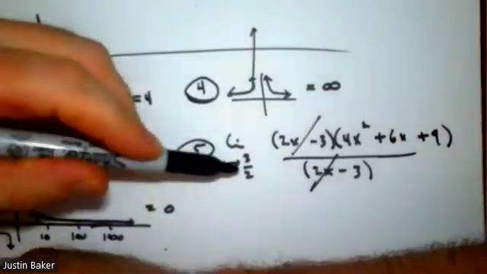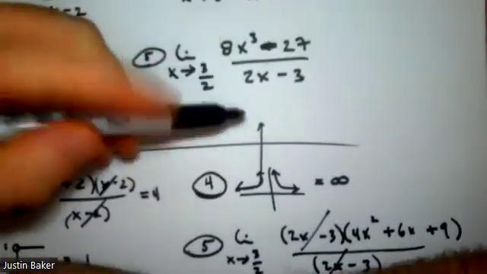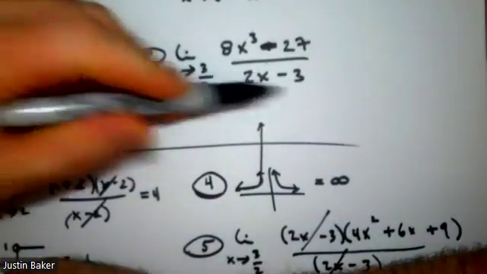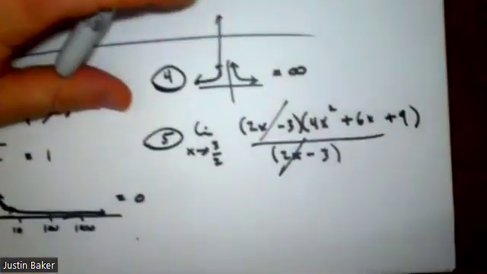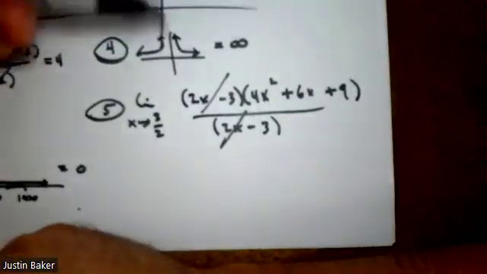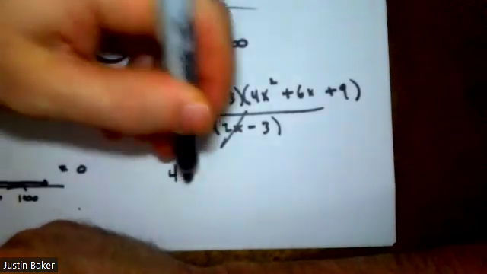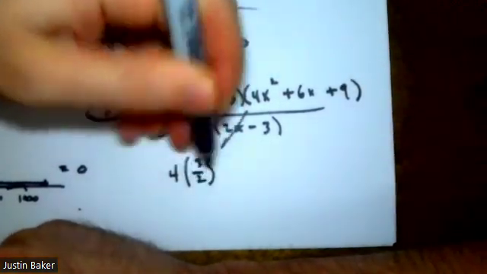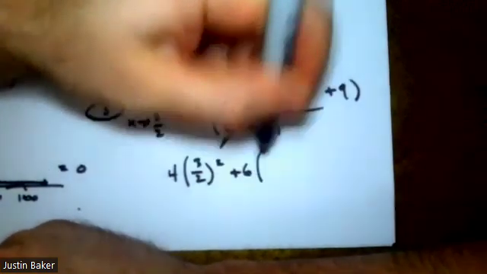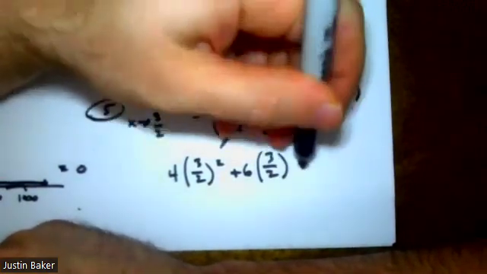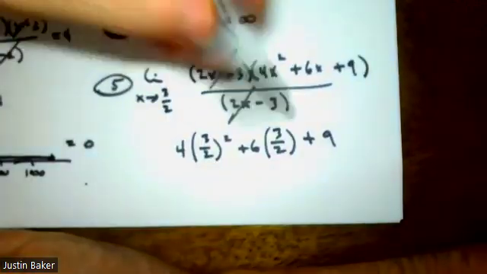Take note, we were not able to plug 3/2 in to begin with. If you plugged 3/2 in to begin with, that would have zeroed out the bottom, which meant we had to factor this. So if we plug in 3/2 to this, this would be 4 times (3/2) squared plus 6 times 3/2 plus 9. And what does that give us?